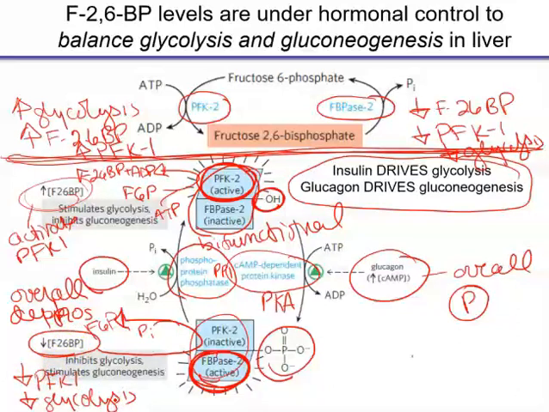I tell students to memorize one thing. So we're looking at reciprocal control here of insulin versus glucagon. Make a map in your mind about what is happening when insulin is active on the cell, and then know glucagon, it's essentially opposite.